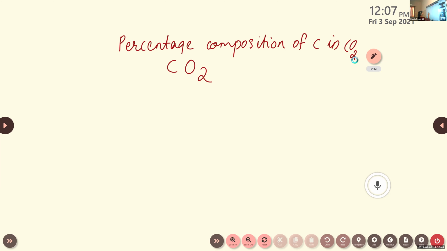So here the mass of the element carbon is 12, divided by the total mass of carbon dioxide. That will be 44, right? Into 100. This is the percentage composition of carbon: 12 by 44 into 100.